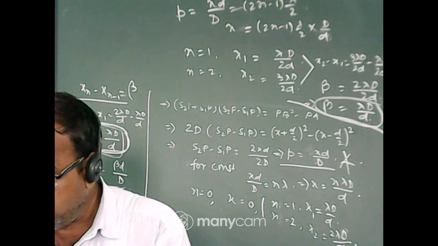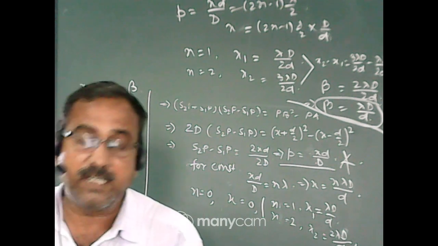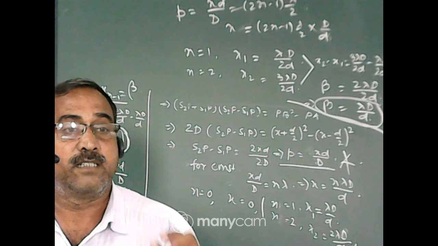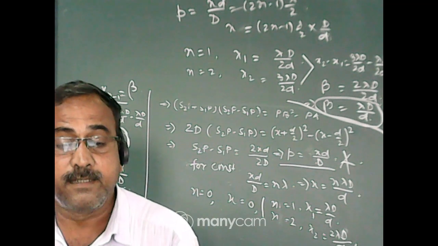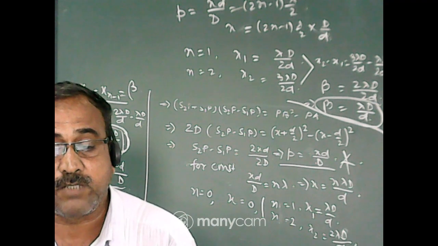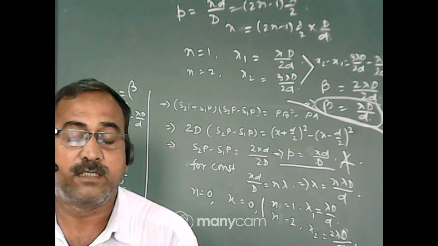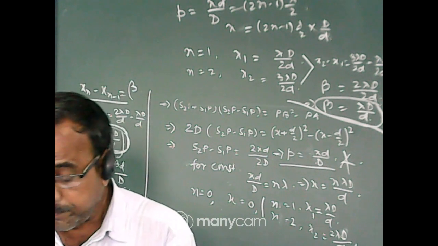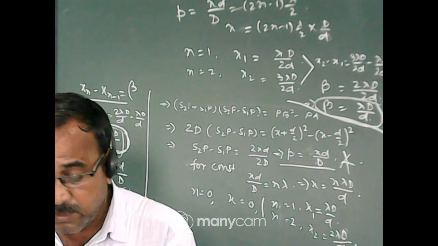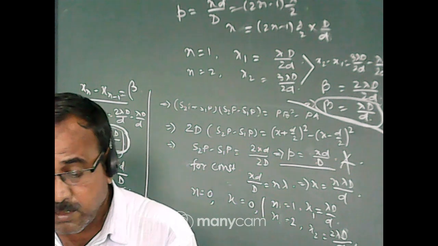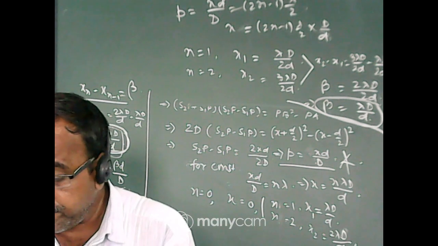So small letter d and capital letter D, you know it. Small letter d means the distance between the two slits, and the capital letter D means the distance between the slit, not the source, slit and the screen. So many numericals are there.